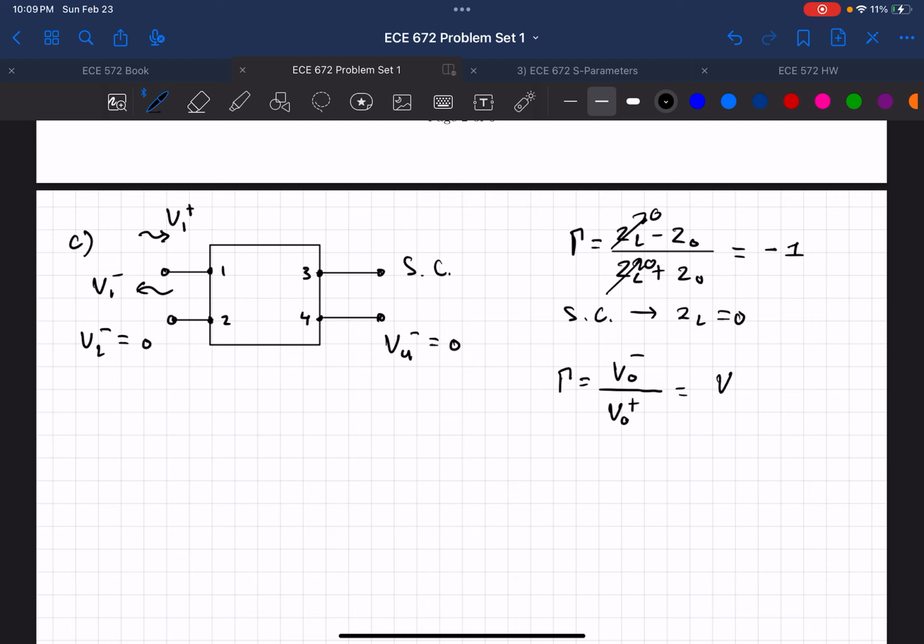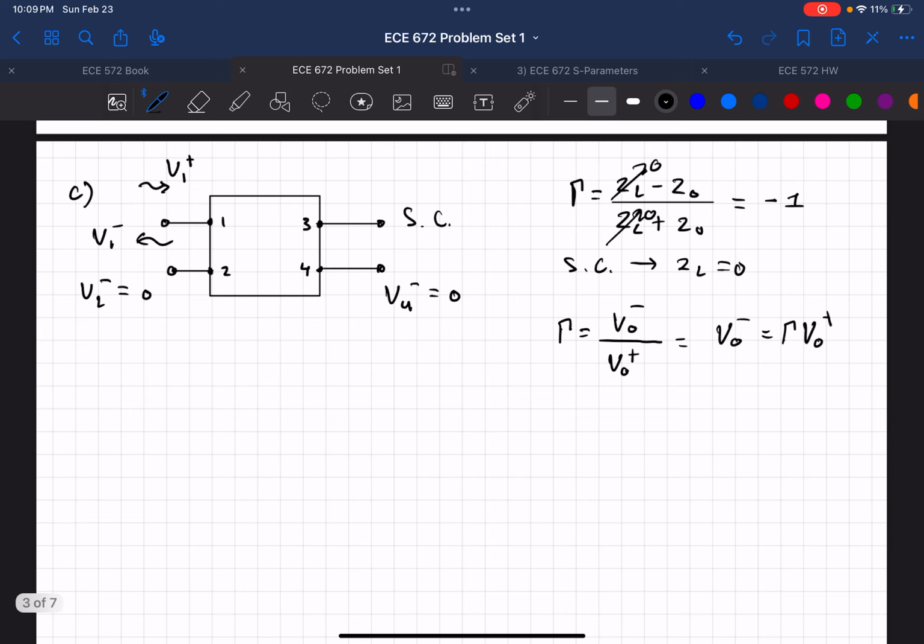Since the reflection coefficient is minus 1 when ZL is 0, meaning the short-circuited case, V0 minus is equivalent to minus V0 plus.